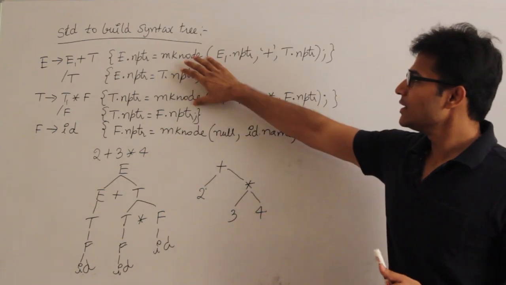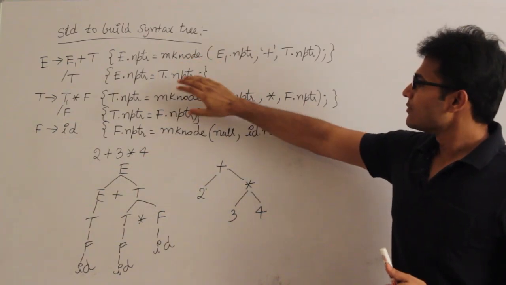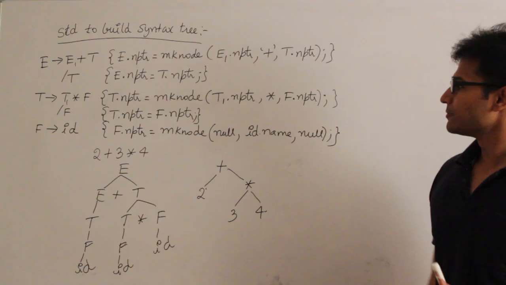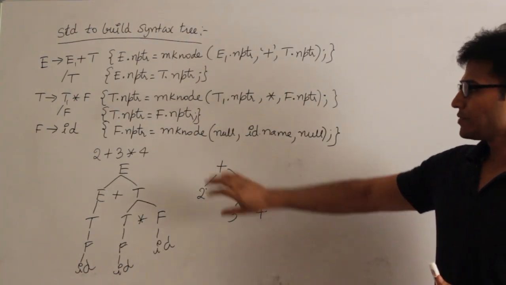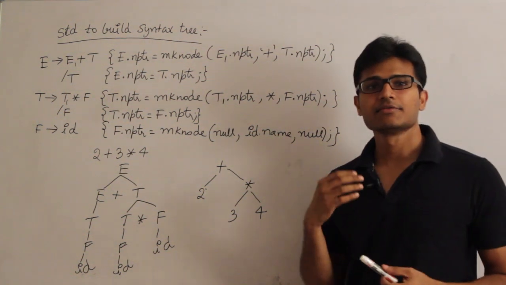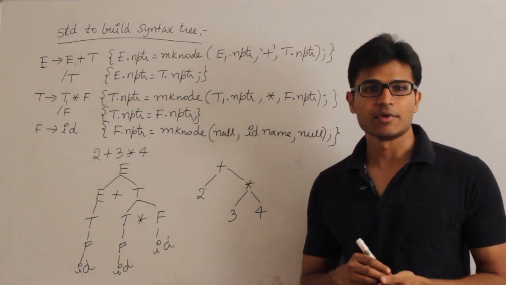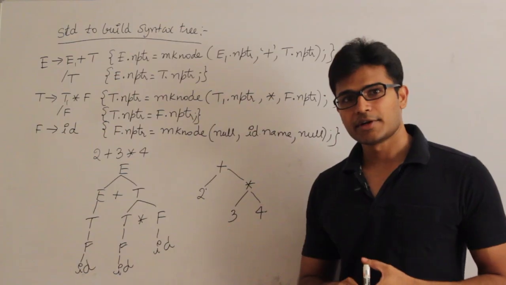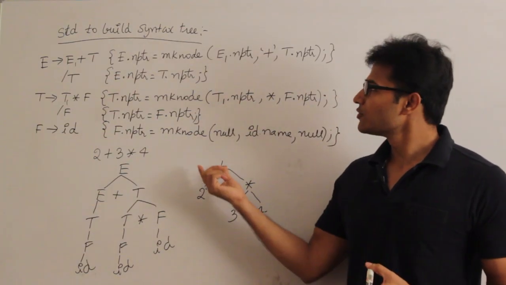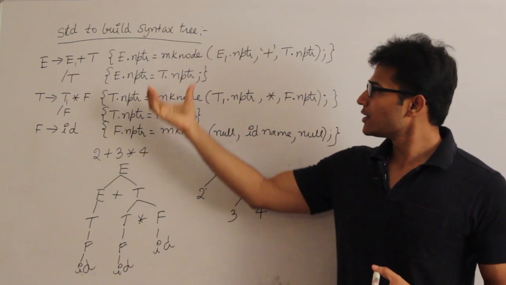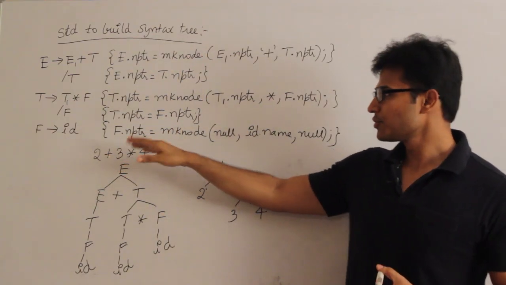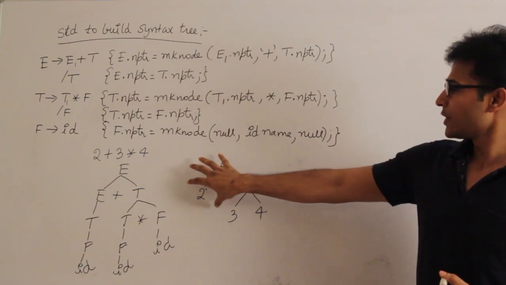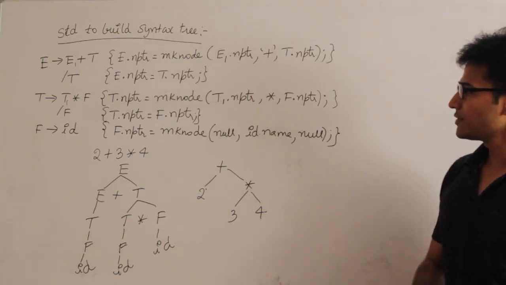Now this SDT is to build this abstract parse tree. Why do we need this abstract parse tree? There are various ways in which we could represent intermediate code, and one of the popular intermediate codes is the syntax tree. So if I carry out this SDT on any input string, then I am supposed to get, ideally, the abstract parse tree as output.